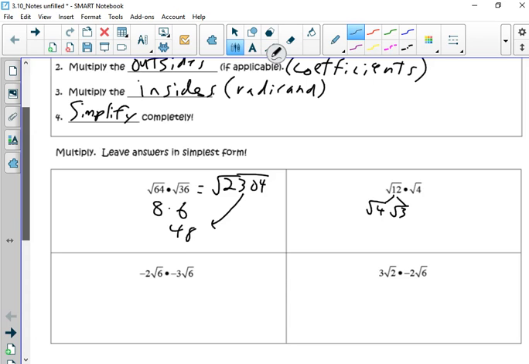Square root of 4 is basically just what? 2. And this square root of 4 is 2. So we have 2 times square root of 3 times 2, which simplifies to 4 square root of 3. Keep the numbers smaller, they're easier to deal with.